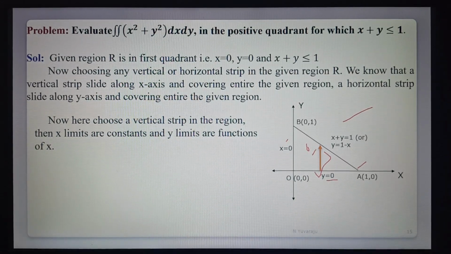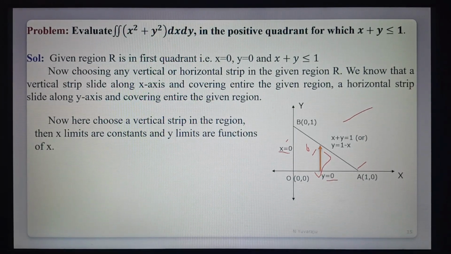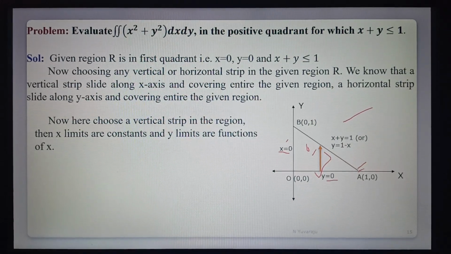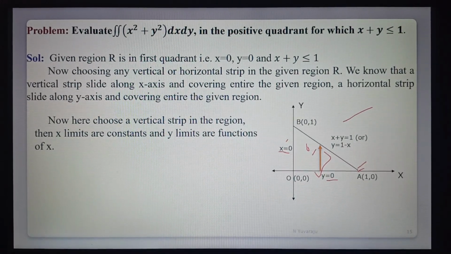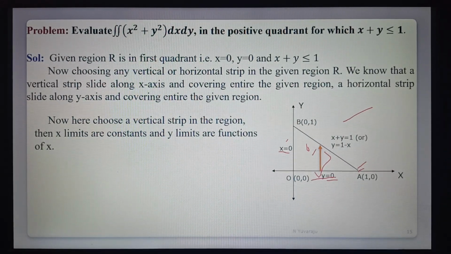It moves from where it starts, from x equal to 0, ending at the point (1, 0), where x equal to 1. So from x equal to 0 to x equal to 1, those are the x limits. For the vertical strip, the first edge, the lower edge, is on the x axis, so y equal to 0, up to the ending edge on the curve. The curve is x plus y equal to 1, that is y equal to 1 minus x.